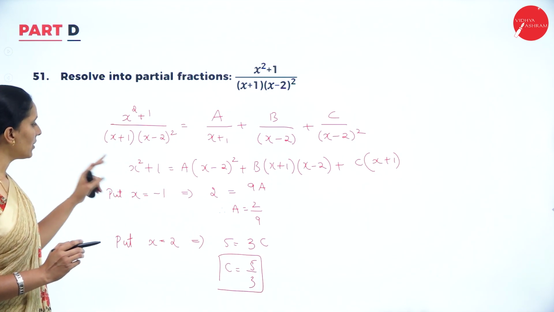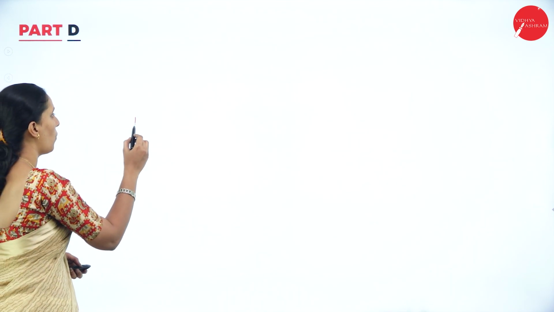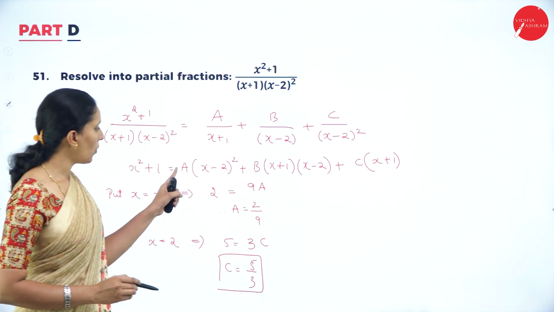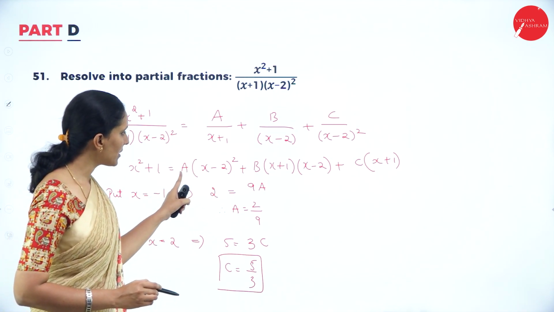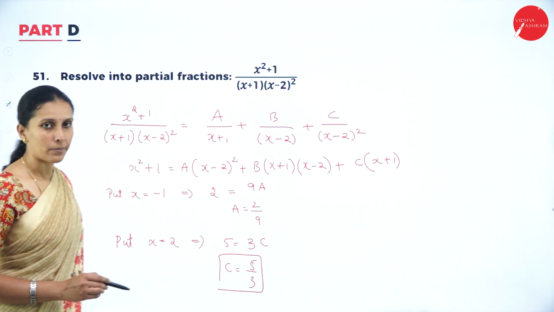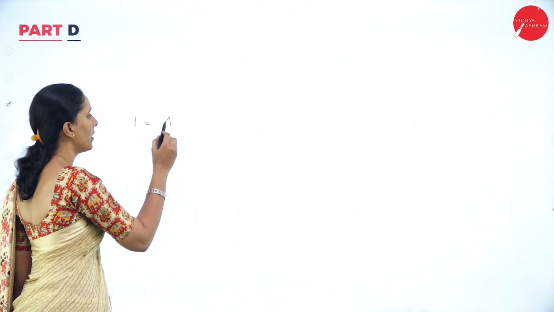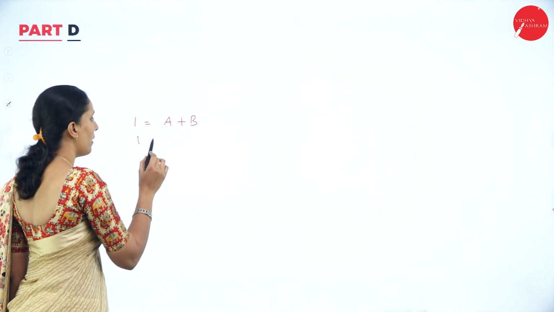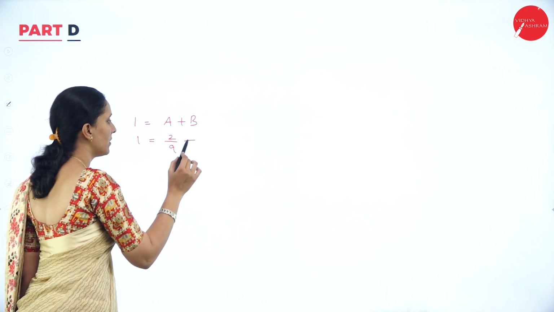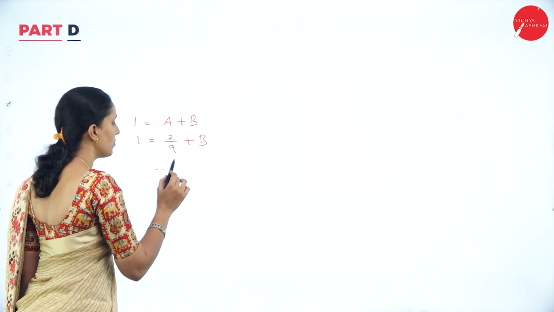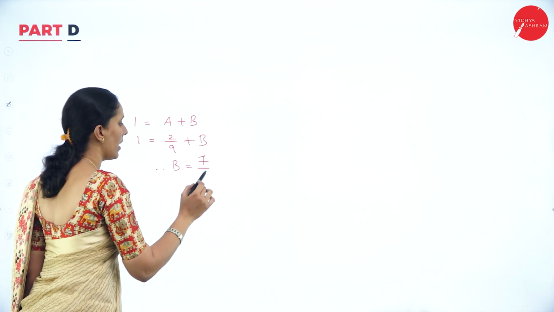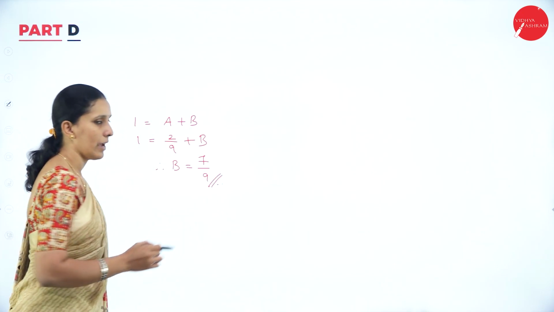On the left hand side, the coefficient of x square is 1. On the right hand side, the coefficient of x square term is A as well as B, so this is A plus B here. A we got as 2 by 9. So on solving, we will get B as 7 by 9.